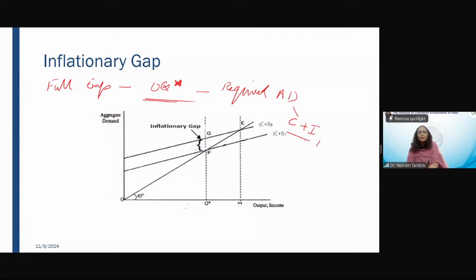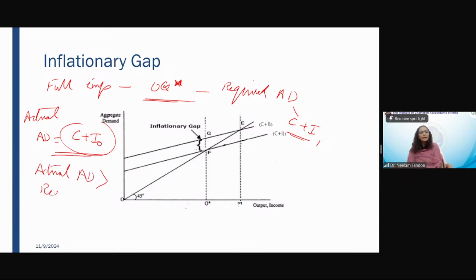This should be the required demand. But actual aggregate demand is C plus I0. Now, since actual aggregate demand is greater than the required aggregate demand, what will happen?